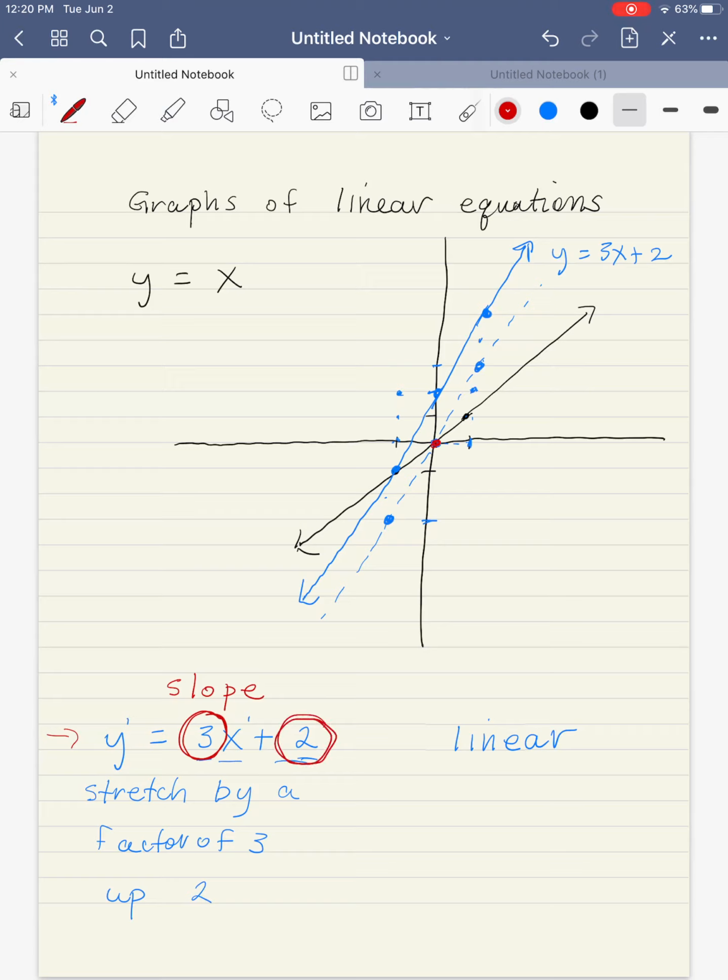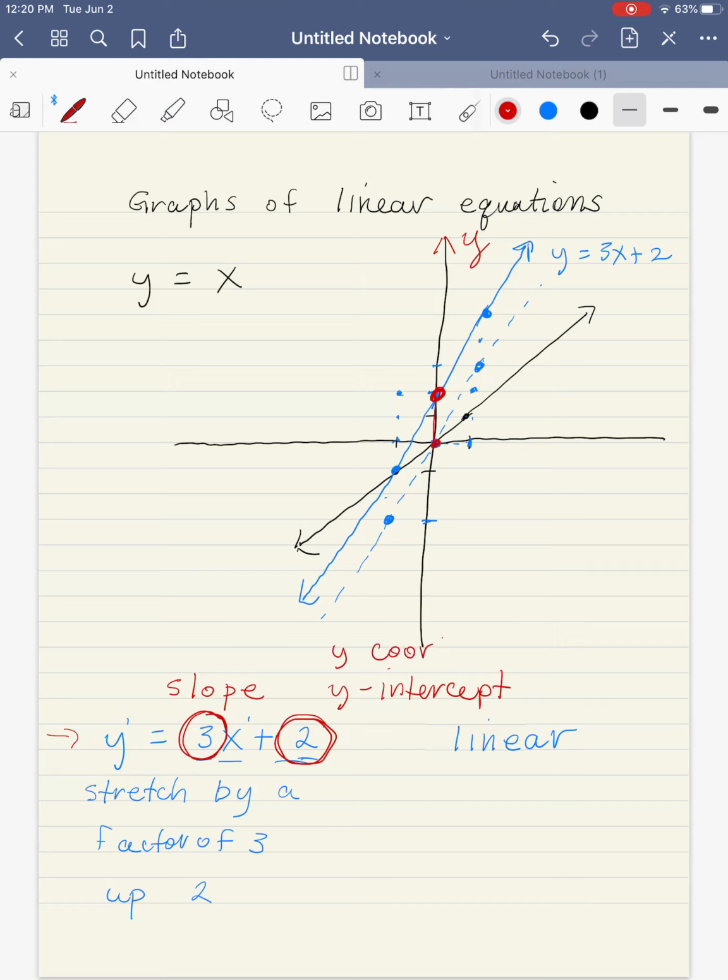And notice that this number is where I went from 0, 0 straight up the y-axis to this point. So that point is where the equation of the line crosses the y-axis. That's called the y-intercept.